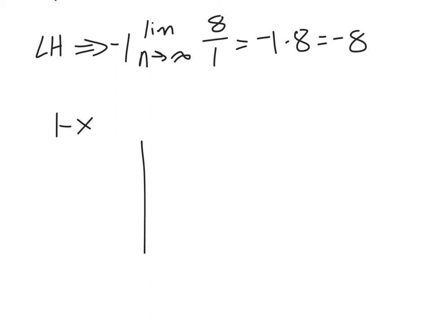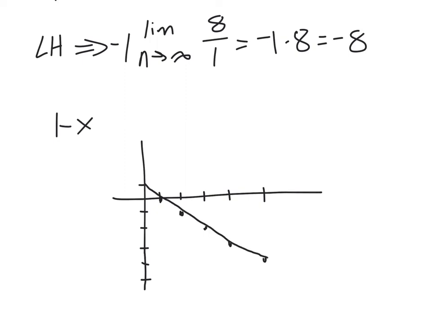If we graph this, and we're looking at the interval from 1 to 5, we'd start at 1, and go down 1 over 1.